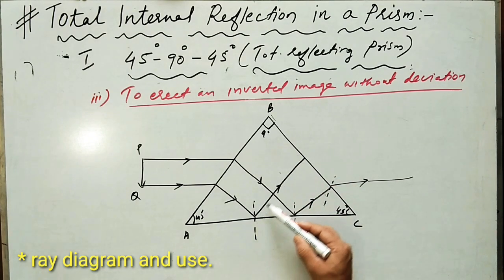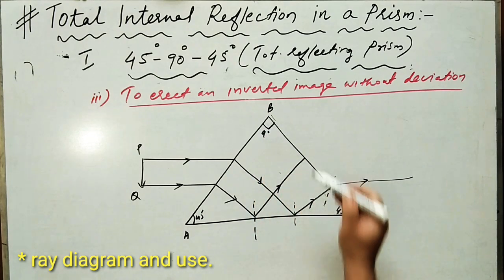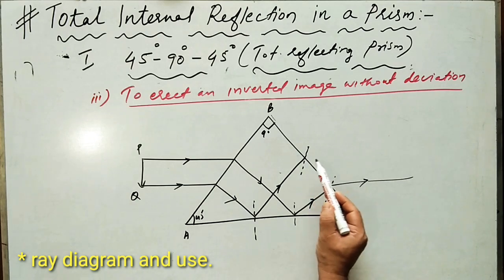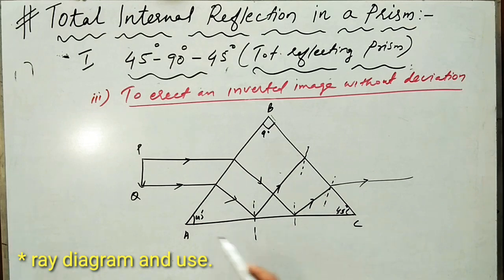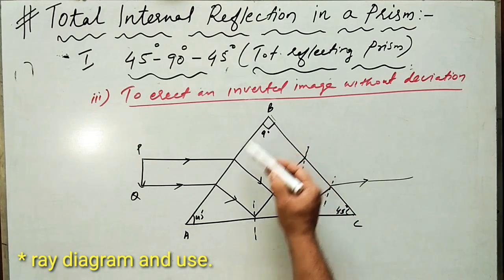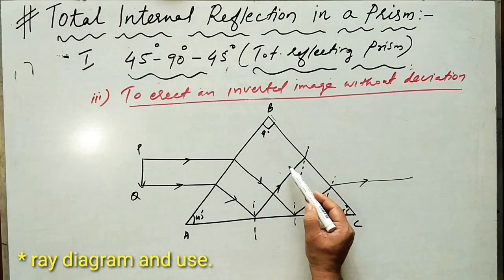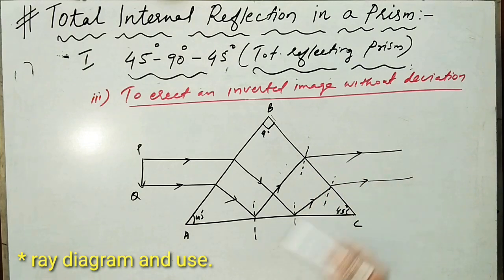It is totally internally reflected back and strikes the surface BC at an angle of incidence less than the critical angle, and it suffers refraction in place of TIR. The total internal reflection is taking place only at the surface AC. At surfaces AB and BC, light rays are getting refracted. Since it is traveling from a denser medium to a rarer medium, it bends away from the normal.